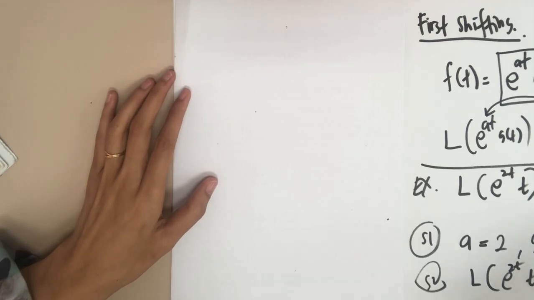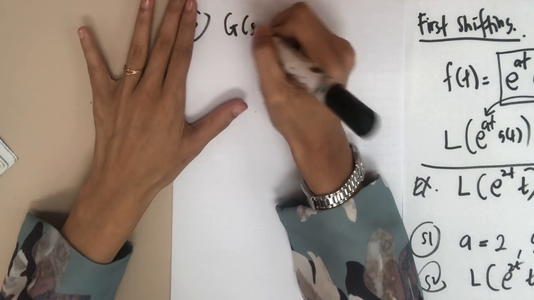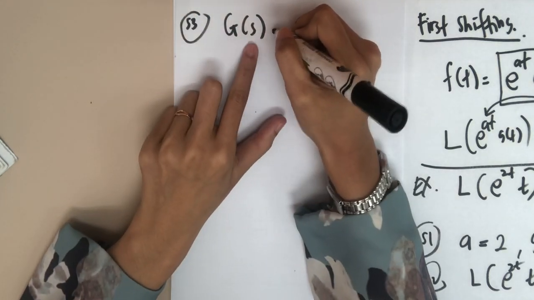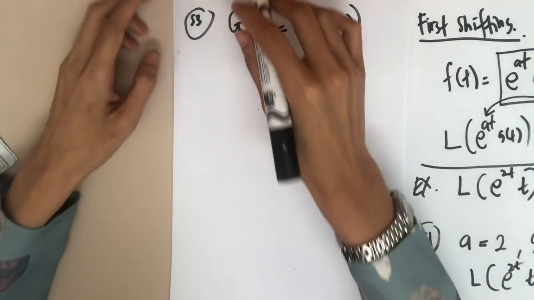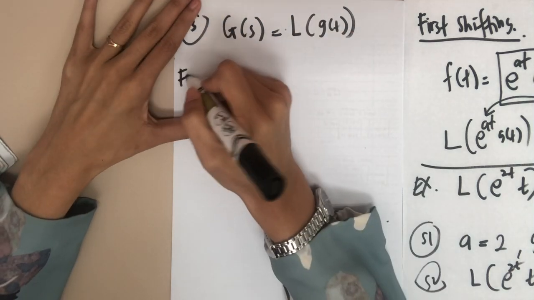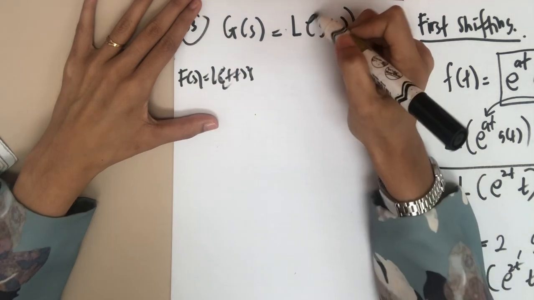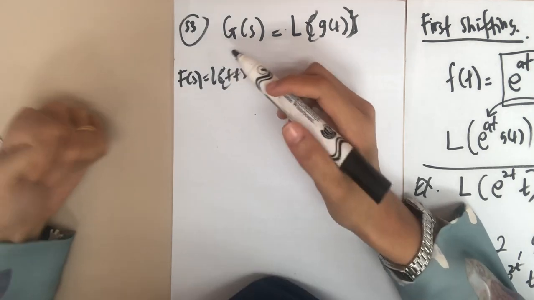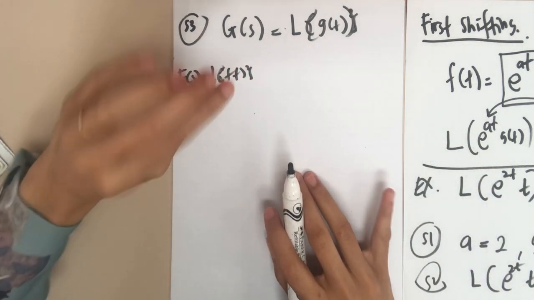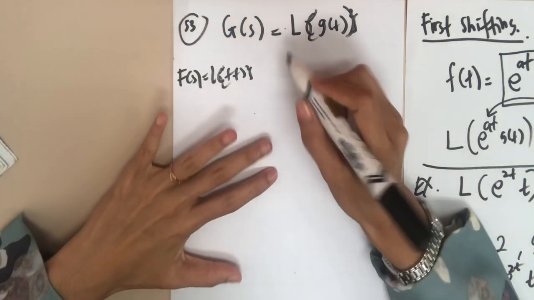Now we go to step number 3. We know that G(s) is equal to the Laplace transform of g(t). For the previous one we used F(s) equals the Laplace transform of f(t). It is the same thing, we just use the new letter G. So G(s) is the Laplace transform of g(t).